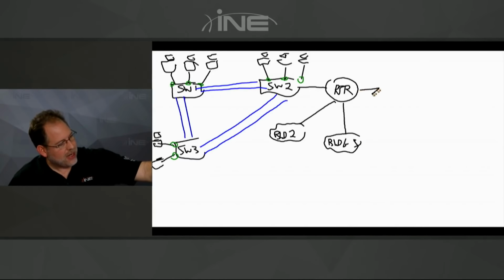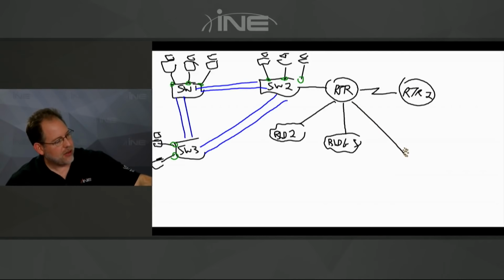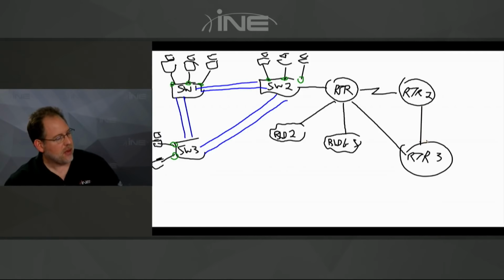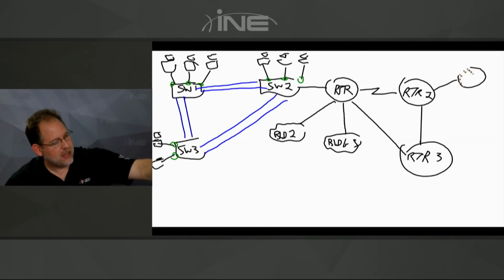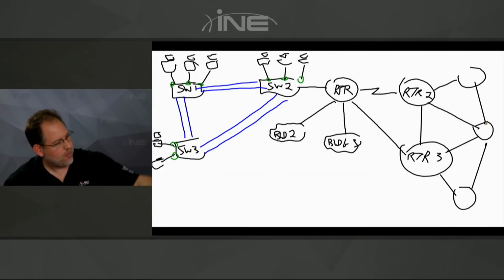The router also has connectivity to another router across the city, so we'll say this is router 2. Here's another router in another part of the city, maybe another part of the county, or if I have a really large campus, another part of my campus. These routers are all connected to lots of other different routers, so let's put little R's right here.